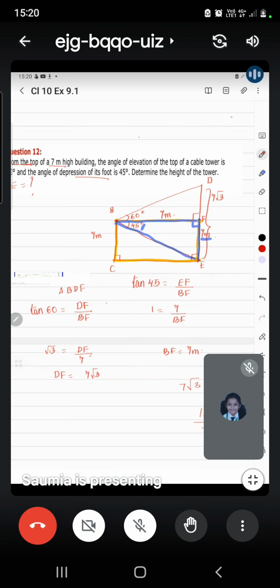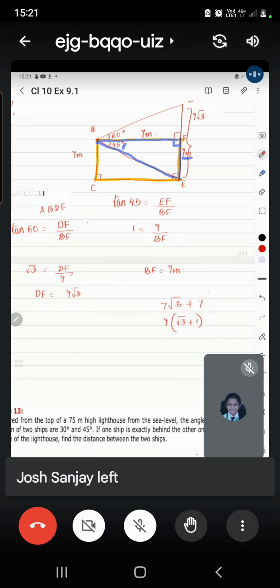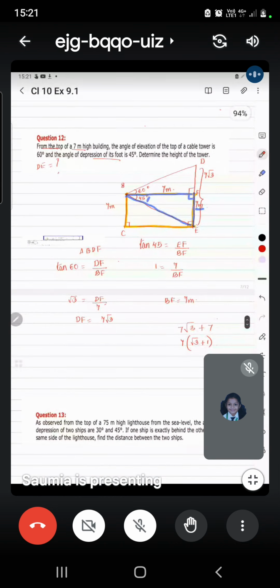Is it 14 root 3? No, ma'am. Then how will I add 7 plus 7 root 3? Take 7 common, then root 3 plus 1. Yes. Take 7 common, root 3 plus 1. Put the value of root 3 and then multiply the number in the bracket. Followed? Yes, ma'am. Okay.